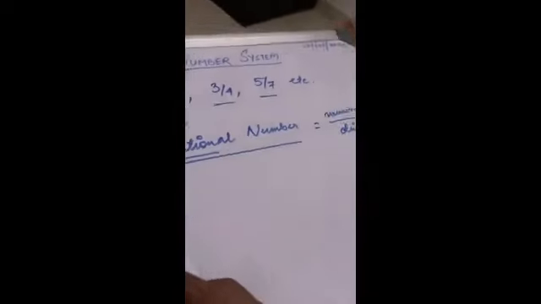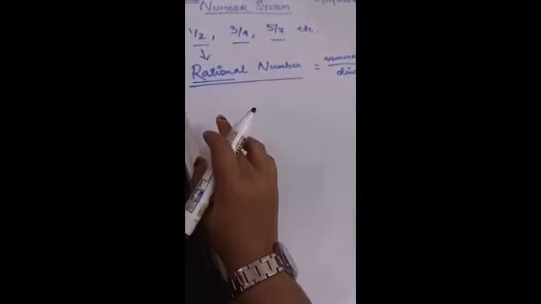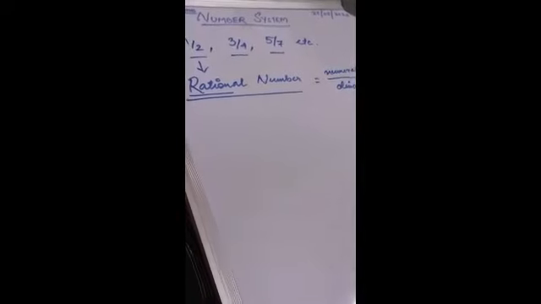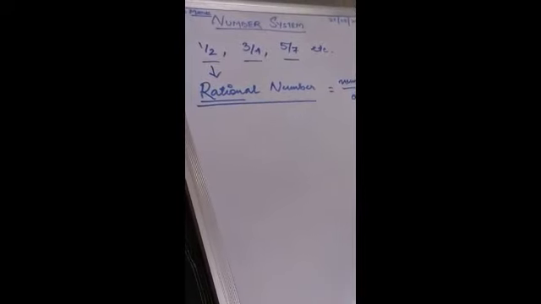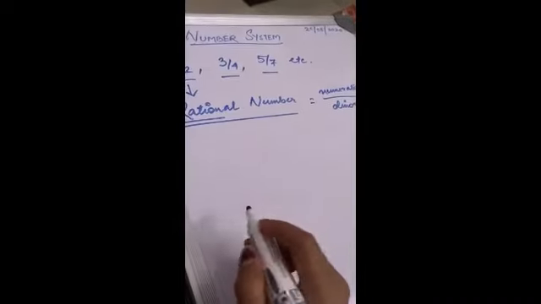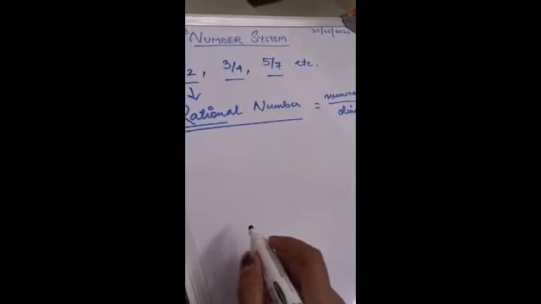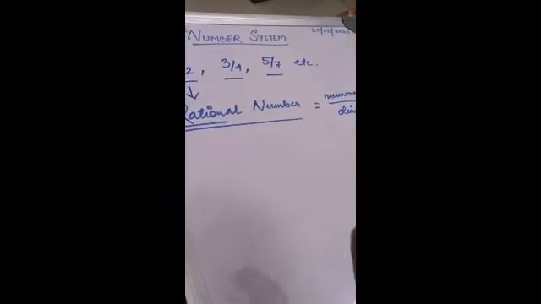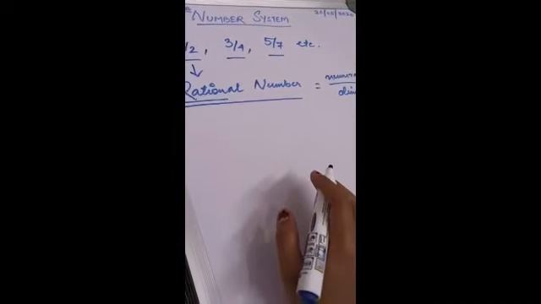So the word rational number comes from the word ratio, which means it has got a numerator as well as a denominator. Now, what are the special features of these rational numbers?